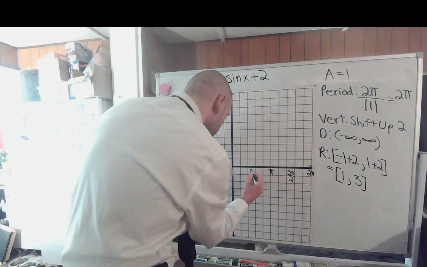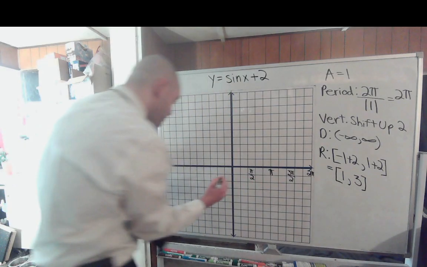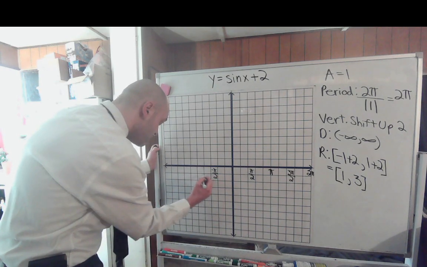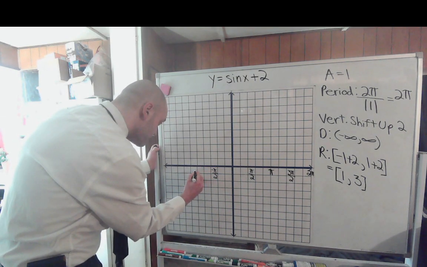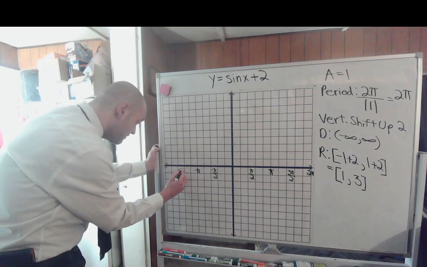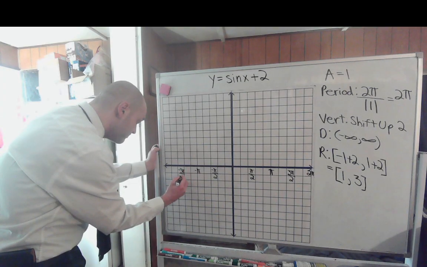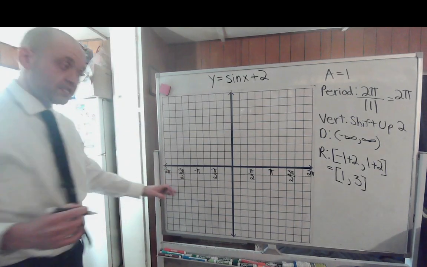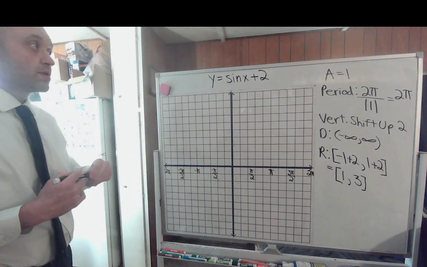Here's pi over 2. Here's negative pi over 2, there's negative pi, negative 3 pi over 2, and then here's negative 2 pi. So again, you want to graph 2 periods' worth.